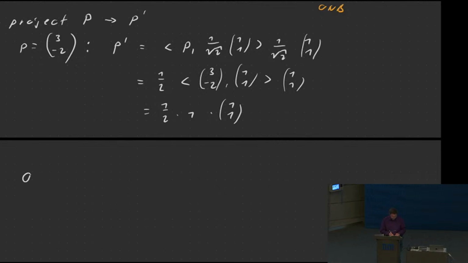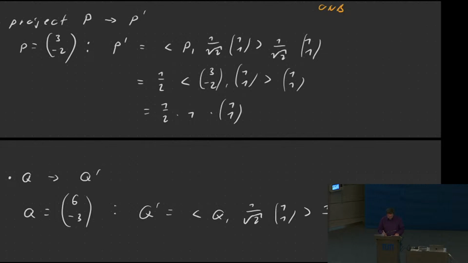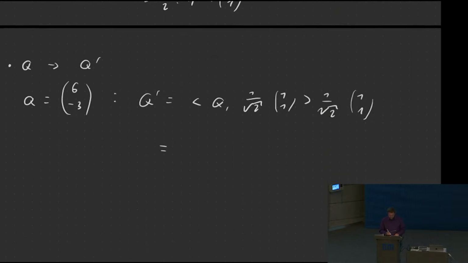And then we can do the same thing for Q. So next is project Q onto Q prime. Q is, let's see, 6 minus 3. So Q prime is the scalar product of Q and that ONB vector times the ONB vector. And again, I take out those factors, 1 over square root of 2.